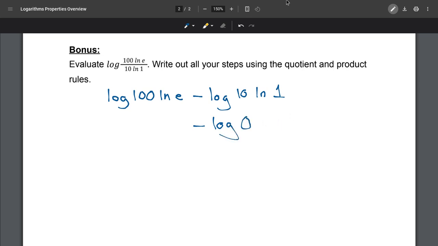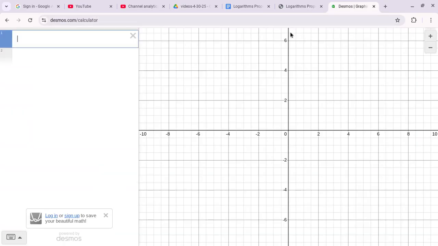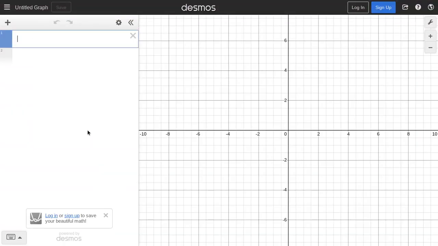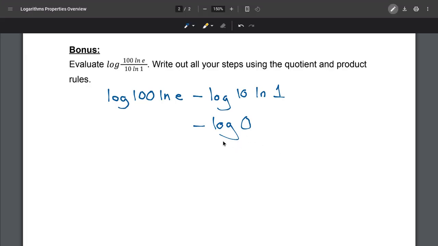Now this could be a problem here. Let's go to Desmos. Let's take the log of 0. And you notice here we get undefined. So long story short, this part is undefined. If you have something minus undefined, it's still undefined. So let's try this whole thing.